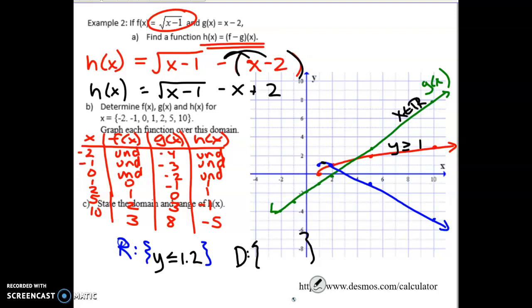So what I mean by that, you guys, is that the red graph stops at 1. So my new graph, my blue graph, would also have to stop at 1 because that graph doesn't exist past there. So our domain is going to be what's common, and the common part is x greater than or equal to 1. Again, that's where my graphs would overlap. That's where it's common. There was a mistake there. That should have been an x, not a y.